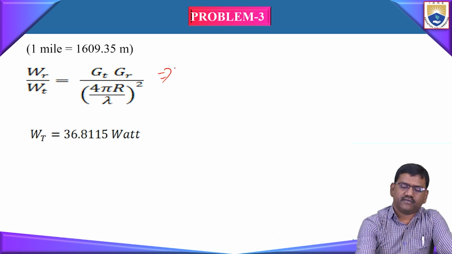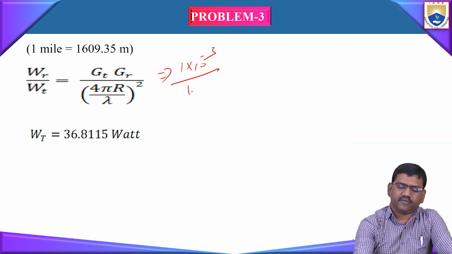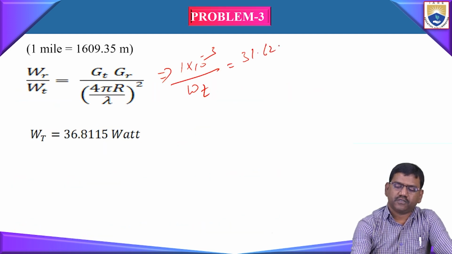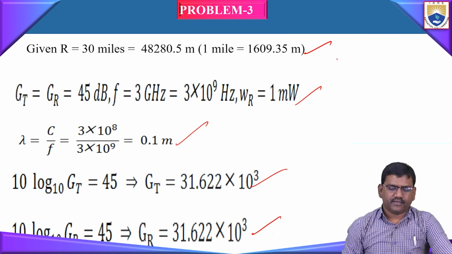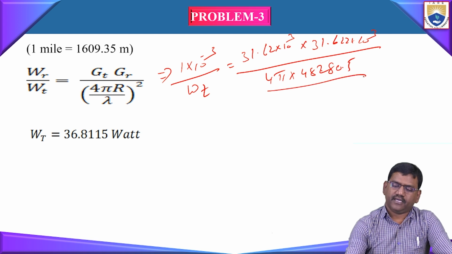you will get WR, which is 1 milliwatt, 1 into 10 power minus 3 divided by WT. This is equal to 31.622 into 10 power 3 into 31.622 into 10 power 3, whole divided by 4 pi into 48,280.5 by lambda, it is 0.1 whole square.